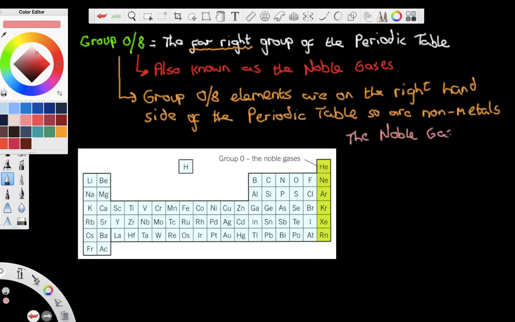We've got helium, we've got neon, we've got argon, we've got krypton, we've got xenon, whenever we use an X we pronounce it as a Z, so it's xenon, and we've also got radon.